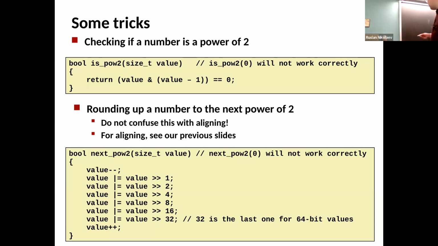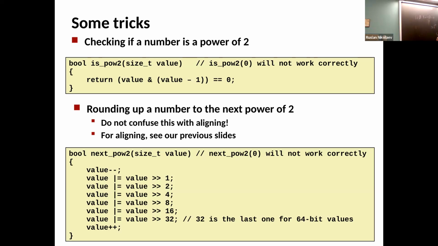So we have value bitwise AND value minus 1, and then we compare it to 0, right? So if that bitwise result is 0. So why is it going to work? How do we check if it's a power of 2?